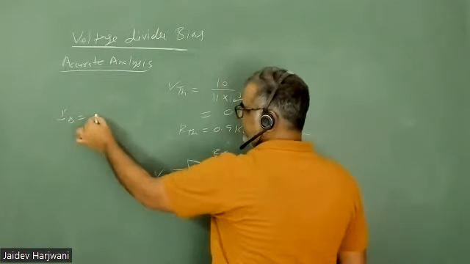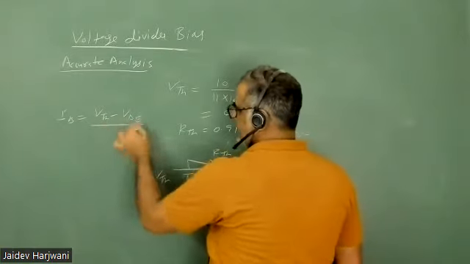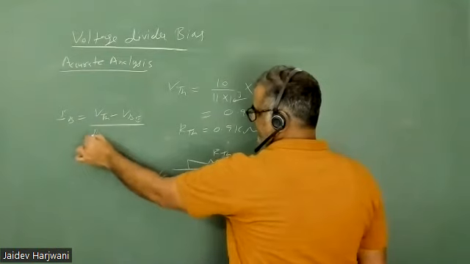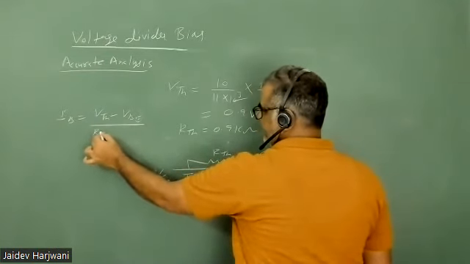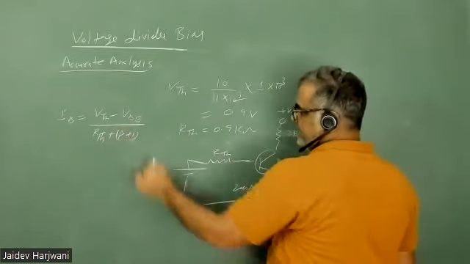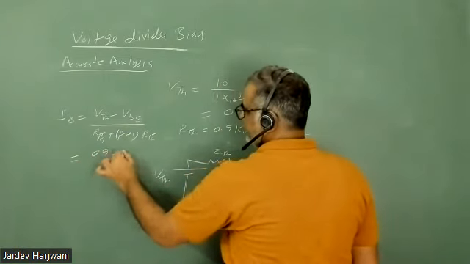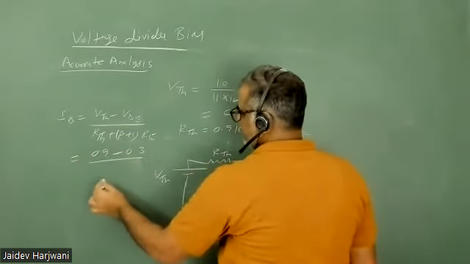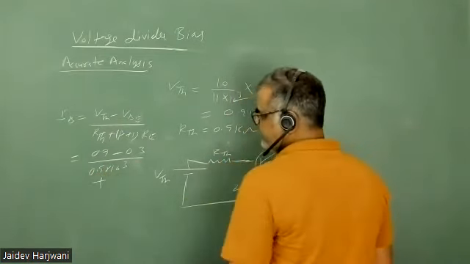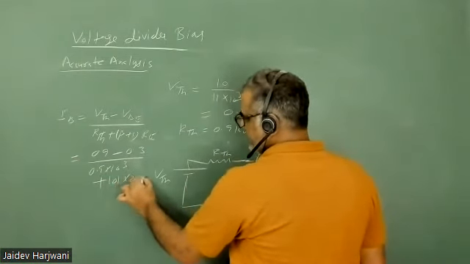So now your IB will be what? IB will be VThevenin minus VBE upon RThevenin plus beta plus 1 times RE, that is 0.9 volt minus 0.3, over RThevenin, 0.9 kilo ohm, plus beta plus 1, which is 101, times RE, which is 200.